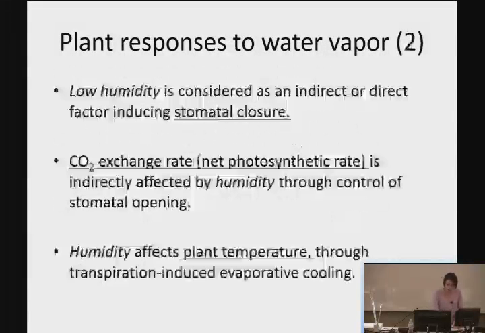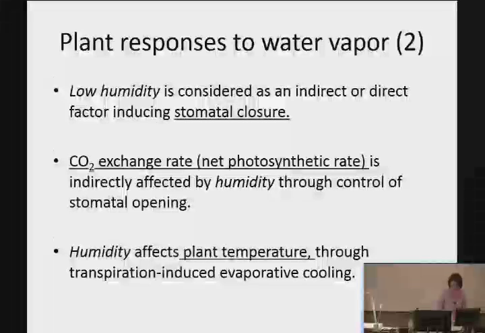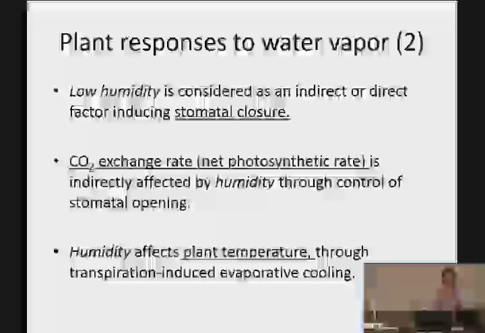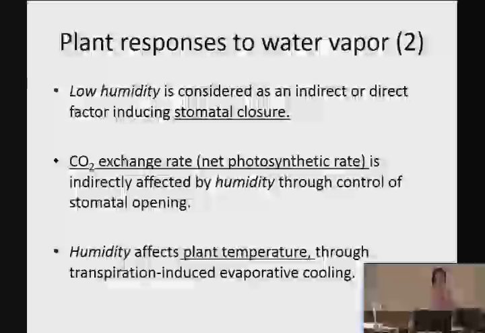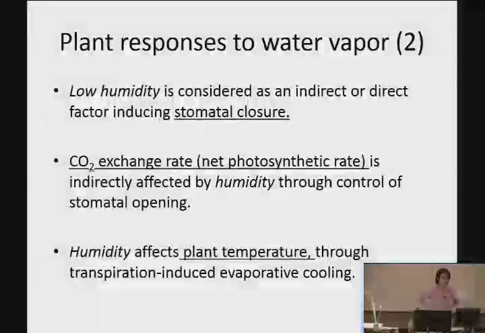So going back to the plant response, before going further, humidity affects stomatal closure, and particularly we know that low humidity closes the stomata. And once that happens, not just transpiration, but other gas exchange, in our case photosynthesis, net photosynthetic rate, is also affected.